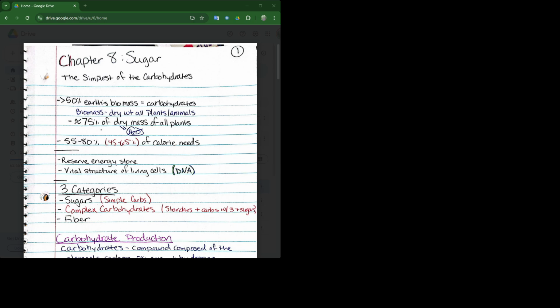The next paragraph: carbohydrates provide a reserve energy store for all living things and form the vital structure of living cells. Even DNA, which provides genetic information to all living things, is composed of a carbohydrate base. So this is a totally different topic than the previous paragraph. Okay, sorry, I got a little bit interrupted. I lost my train, but this is a different topic than what we were doing before.